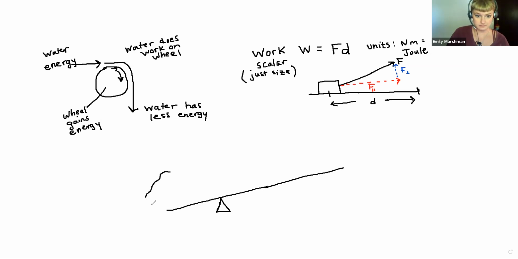Very massive boulder, so it's got a huge mass. It's going to take a lot of force, therefore, to lift this thing up. So the force to lift this thing up needs to be very large. So I need a really big force.